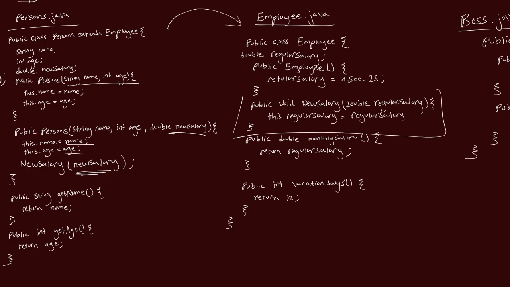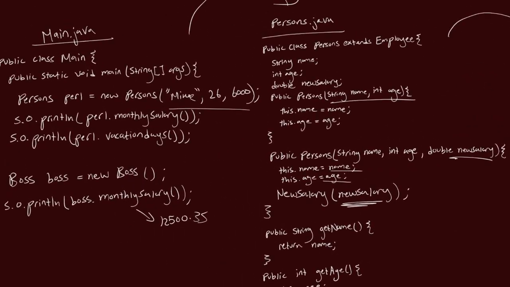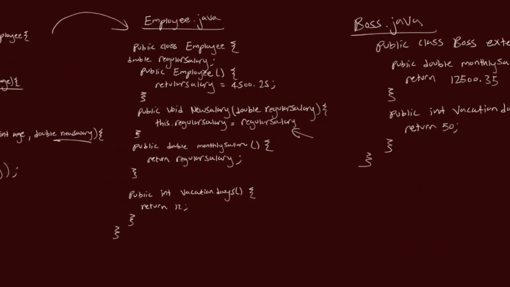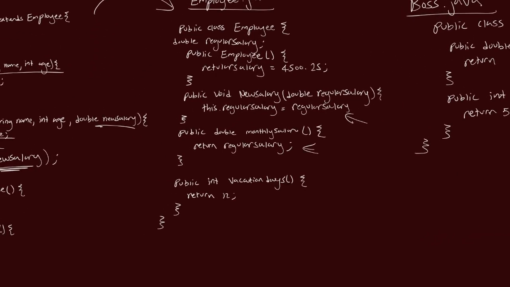But then we call this setter, and in this setter we say this dot regular salary equals the value we pass in, so 6,000. So our regular salary becomes 6,000. Then back in our main, we call our monthly salary, and that's going to print out 6,000. So we are going to be calling this method, and this will return 6,000.